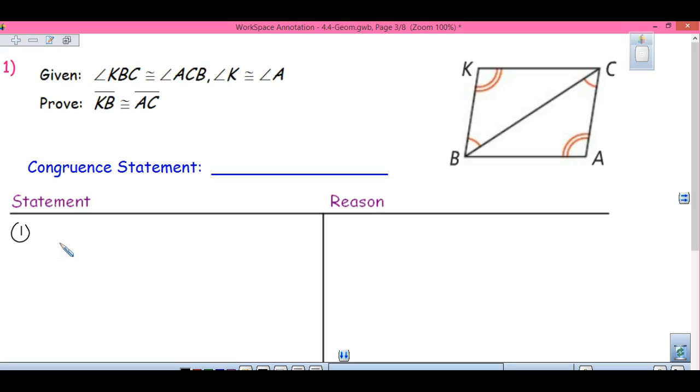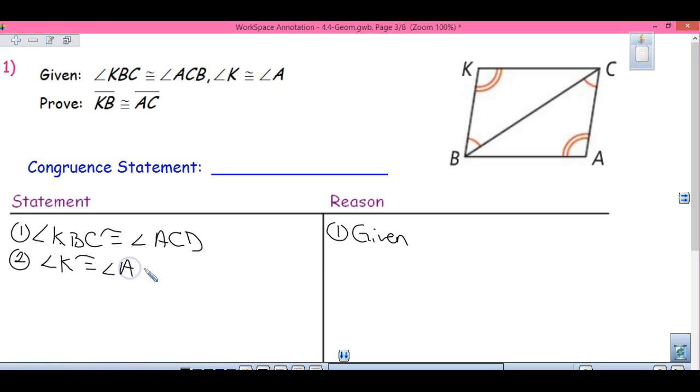Okay, so our givens: 1, angle KBC is congruent to angle ACB. And the nice part is that that is marked for us already, right? Yes? No? Wake up today, guys. I understand that it's a Monday, but we've got to learn this. 2, angle K is congruent to angle A. Okay, what else can I say?